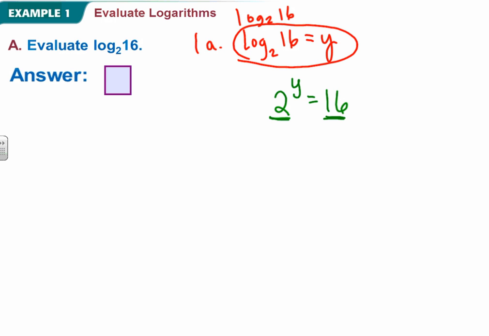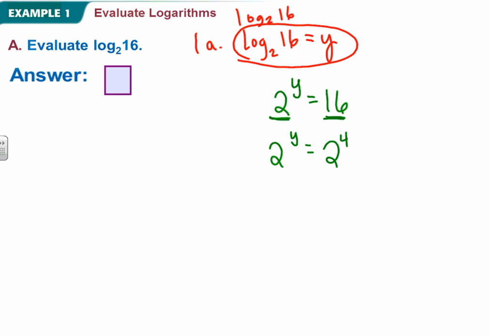Or I could change them both to 2. And so sometimes, if this was 25 over there on one side, and 5 on the other side, we want to change them to a common base. So I want to change 16 into 2 to something. 16 is 2 to the what? 2 to the 4th. So 2 to the y equals 2 to the 4th.